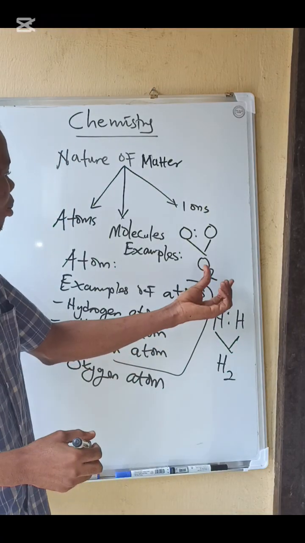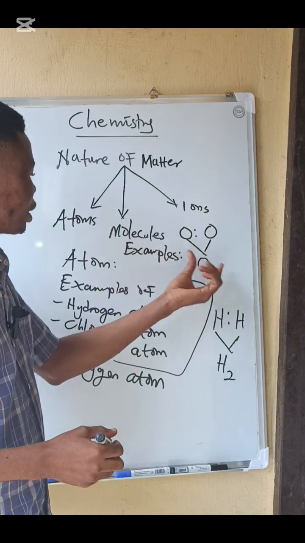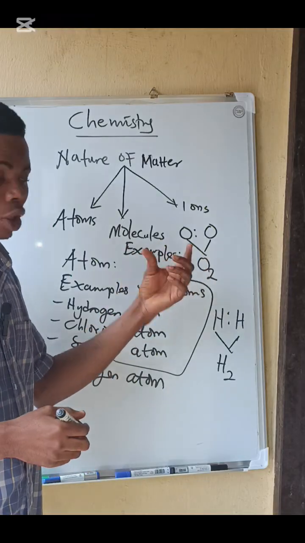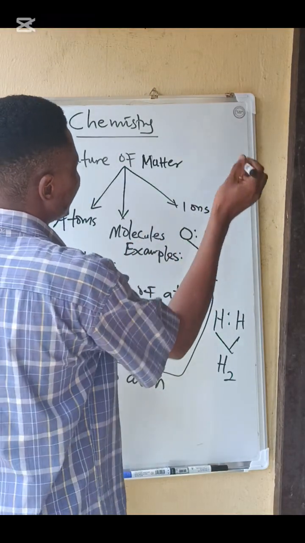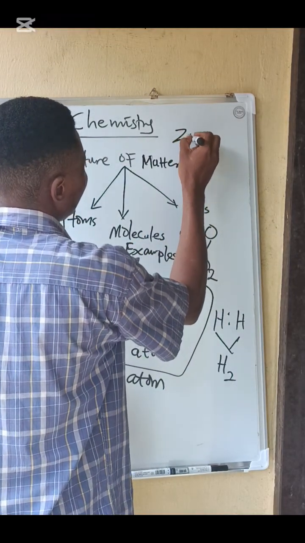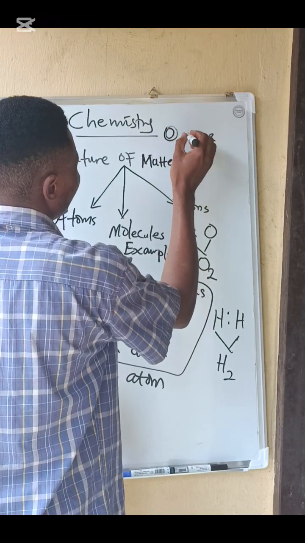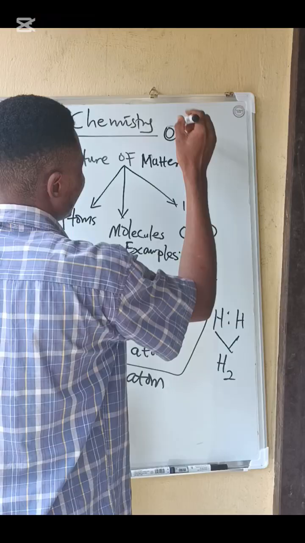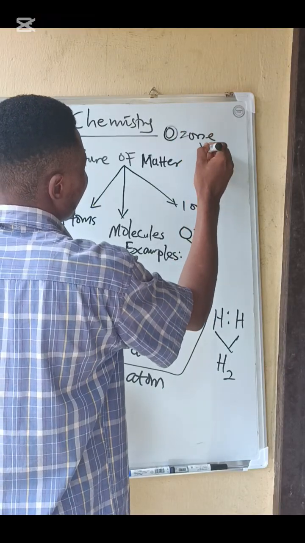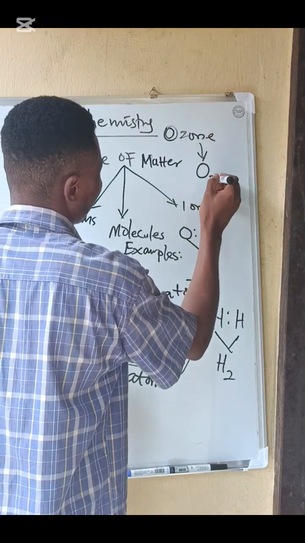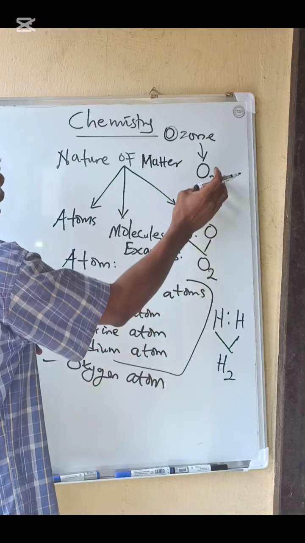So these are examples of molecules. We also have other examples. We have ozone, which has the chemical formula O3. So this one now is a molecule.